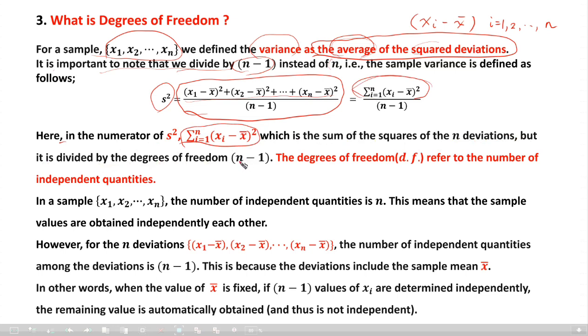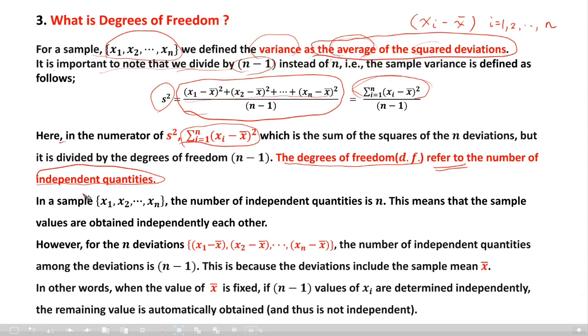So what is degrees of freedom? Degrees of freedom refers to the number of independent quantities. You had better memorize this. It's just simple.